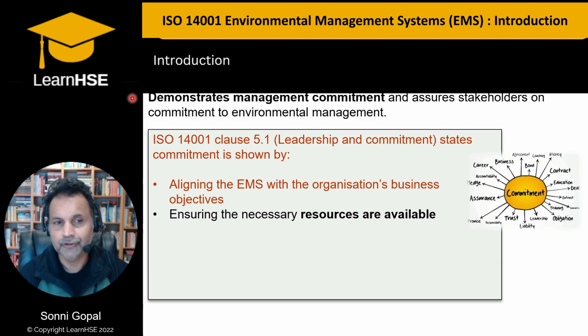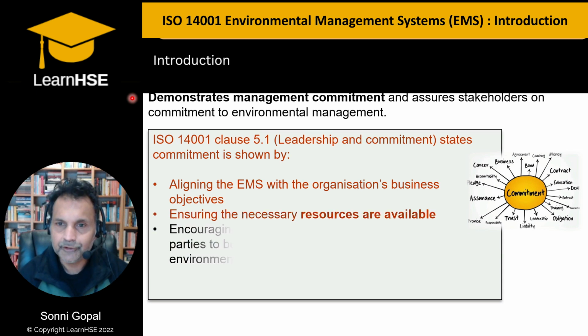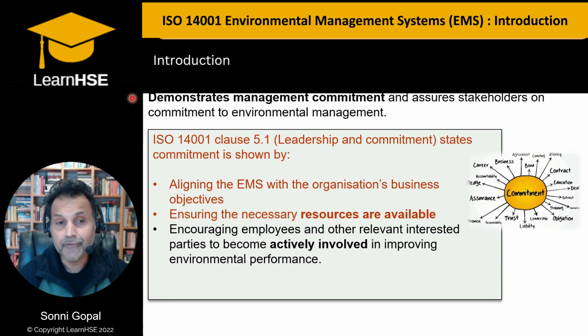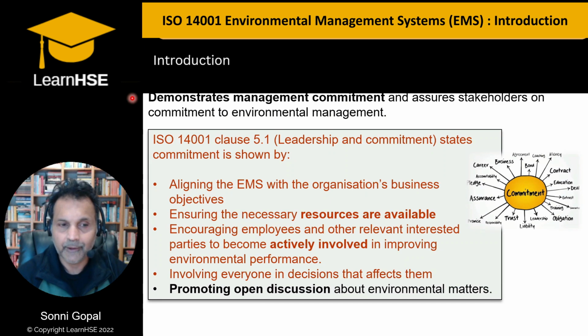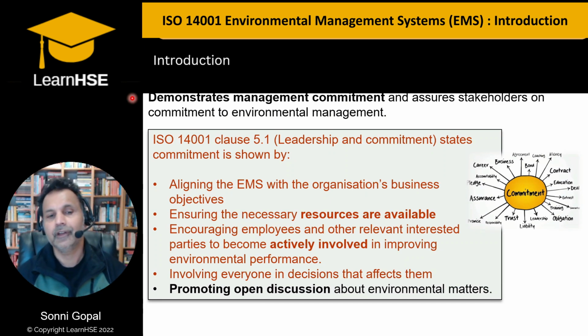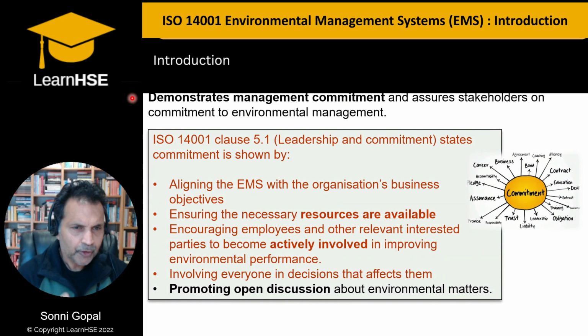It also ensures the necessary resources are available, and it encourages employees and other relevant interested parties to become actively involved in improving environmental performance. And also here we talk about involving everyone in decisions that affect them. Not to forget that we want to promote open discussions about environmental matters. So some key themes here about how to demonstrate management commitment and assure stakeholders.